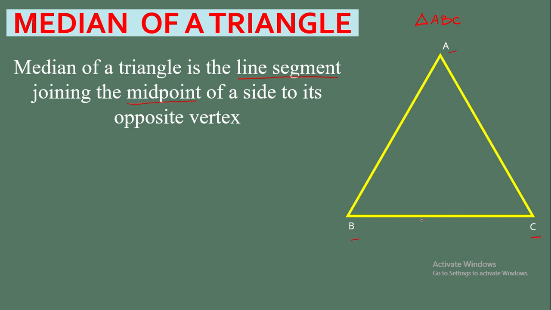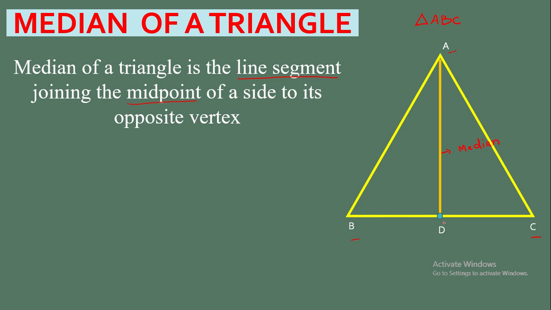Since in this triangle we have three line segments, and every line segment has one midpoint, for example, if we take this side BC and consider its midpoint as D, then we will draw a line segment which will join this midpoint D to its opposite vertex, and here the opposite vertex is A. So this line segment AD becomes our median.